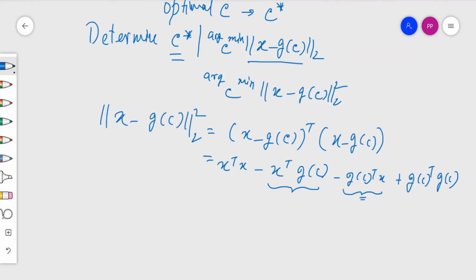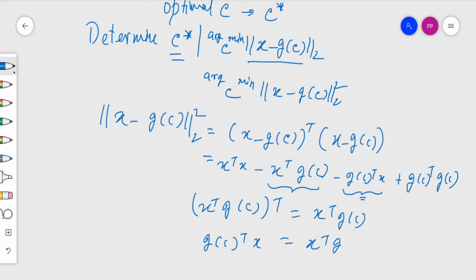So therefore, because these two are scalars, we can use a special criterion on it. The whole transpose is the same as the scalar itself. So this whole transpose means you have GC transpose x equals x transpose GC.